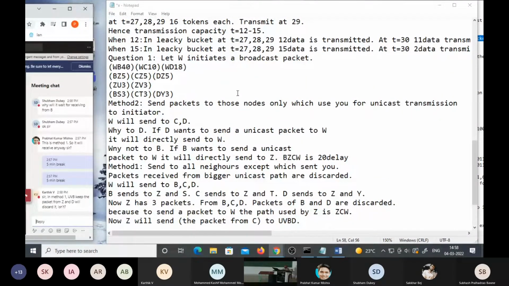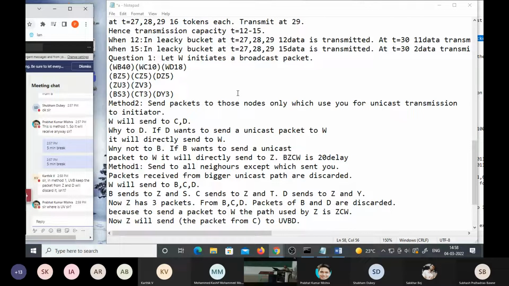In method 1, B also keeps the packet from Z, and D will discard it.